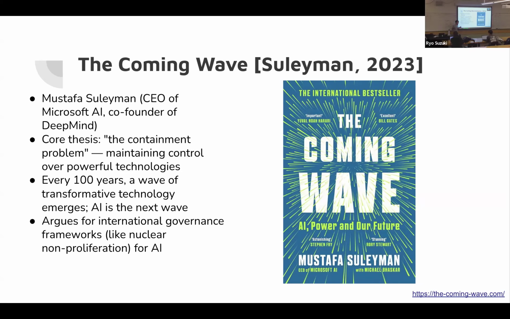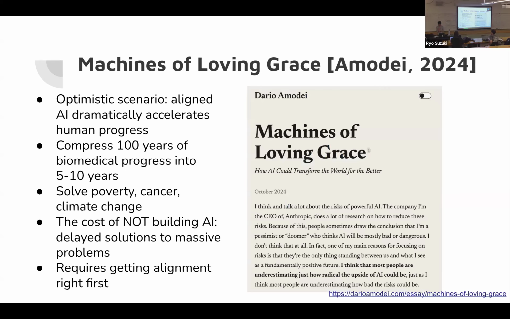Everything is going to combine together with robotics. So it's not only a single wave, but a combined wave, which might happen maybe once in 100 years or 1,000 years. That's also kind of interesting.